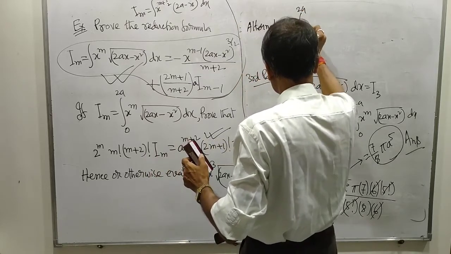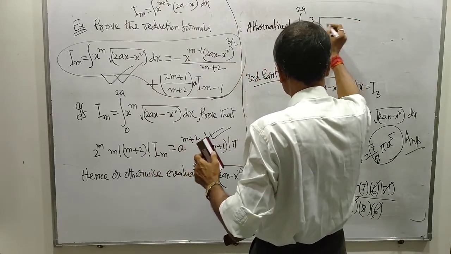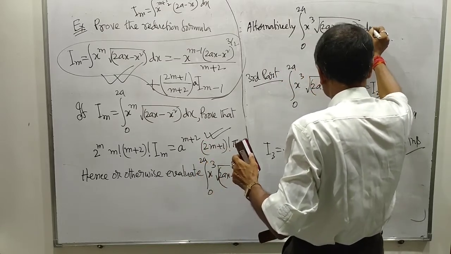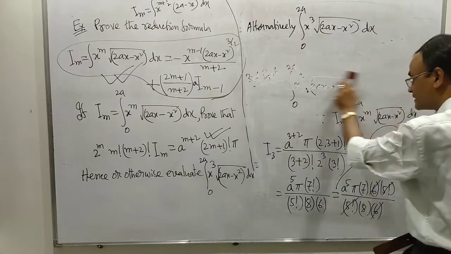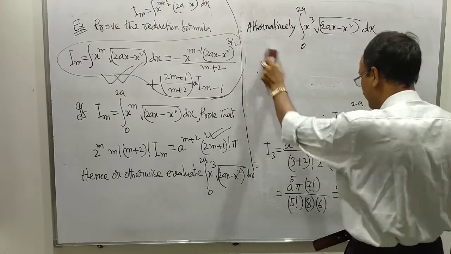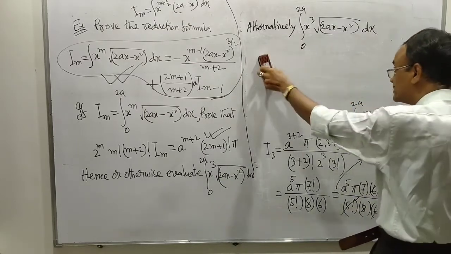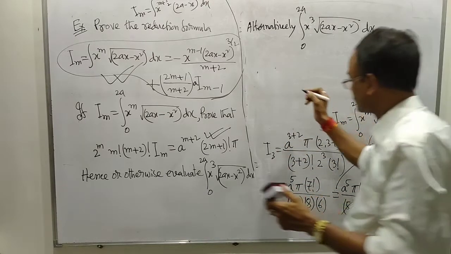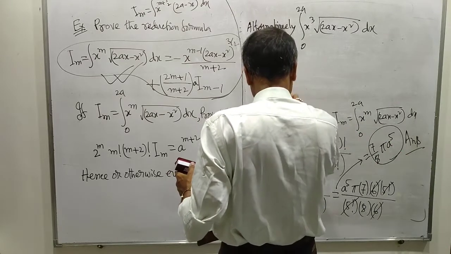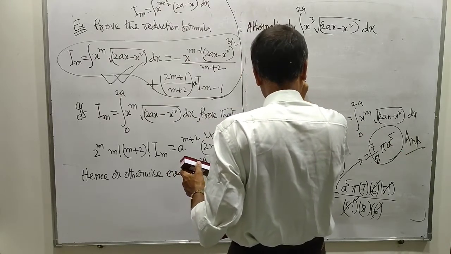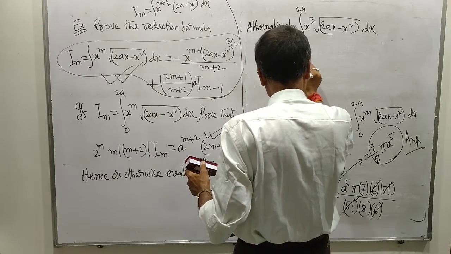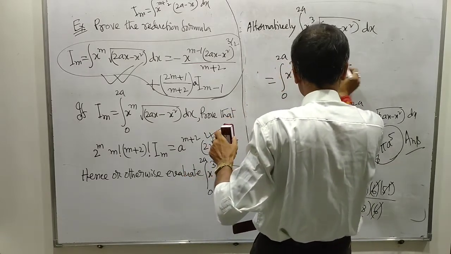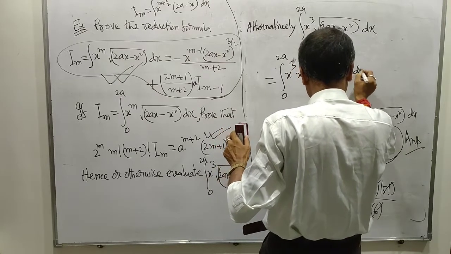integration 0 to 2a of x cube root over 2ax minus x square dx. What will this be? This is equal to integration 0 to 2a of x cube x to the power half into root over 2a minus x dx.